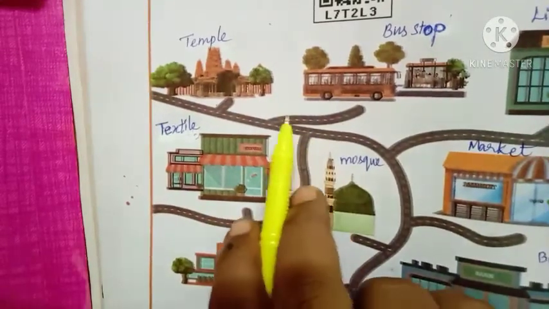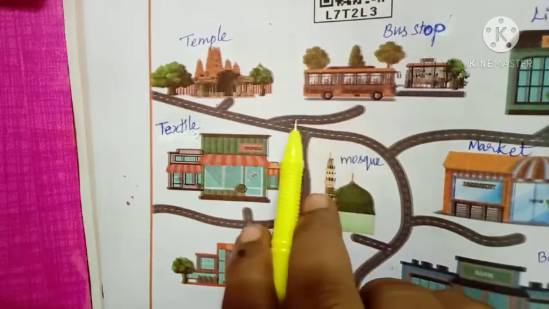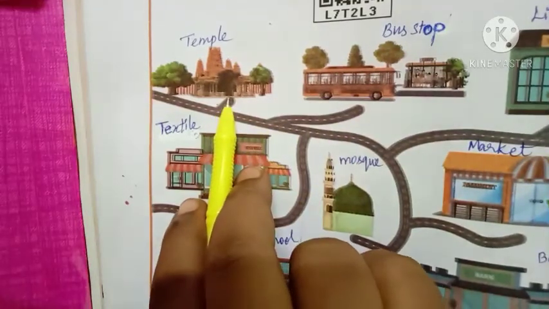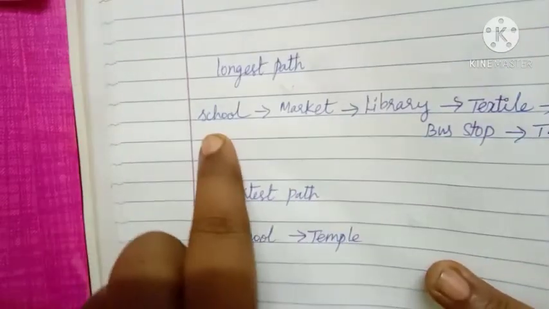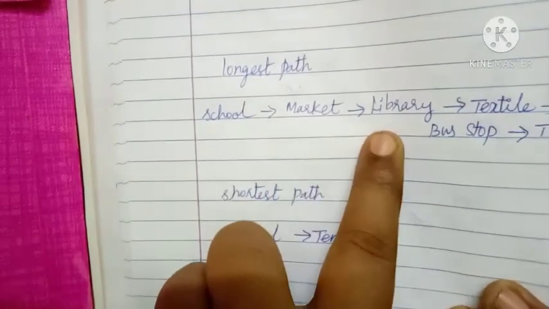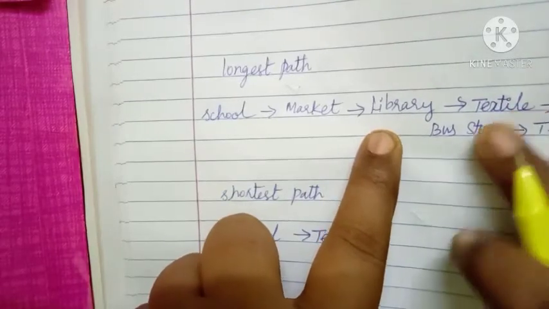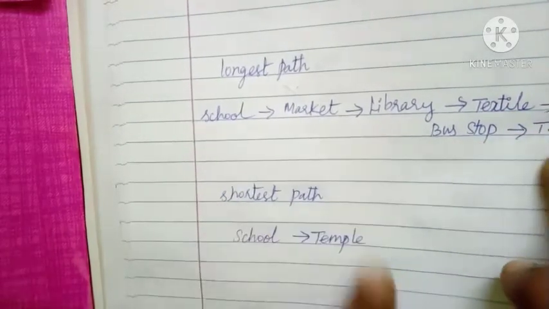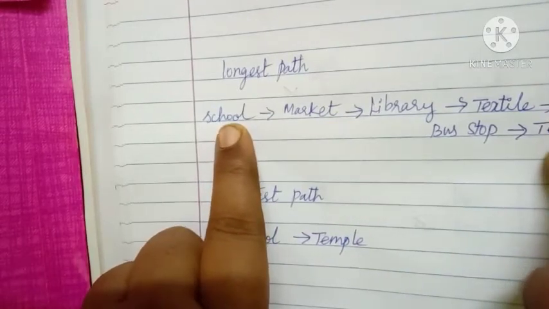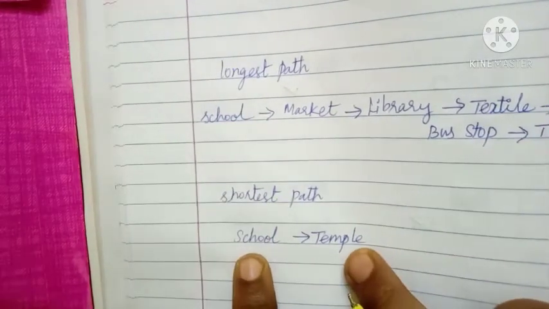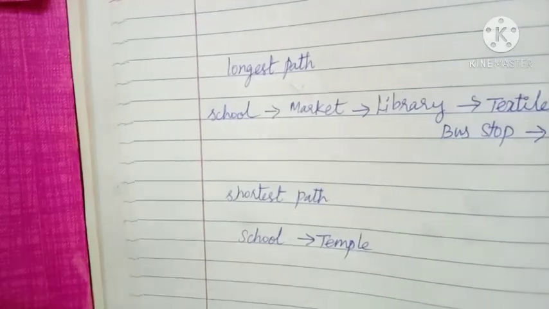Then again you move to the bus stop. Then you reach the temple. That is the longest path. Here choose the longest path. School to market, market to library, library to textile, textile to bus stop to temple. So school to temple is the longest path. Here school to temple is the shortest path.